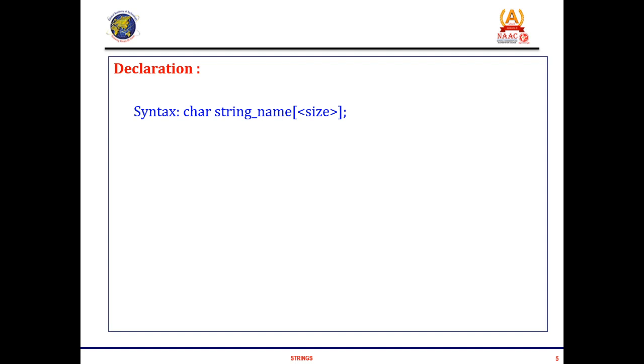For example, you have in front of your screen char str of 10. Needless to say, char is a data type, str is the name of an array, and 10 is the dimension.